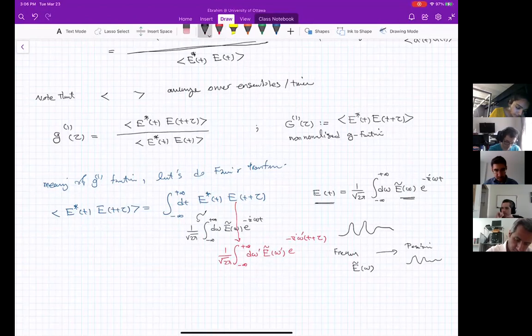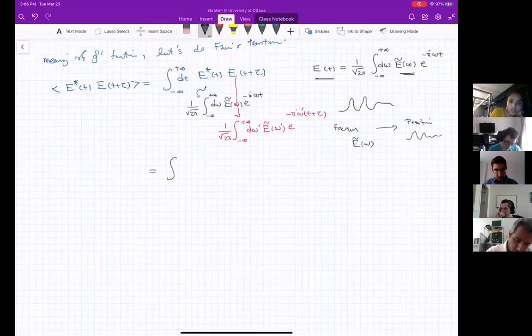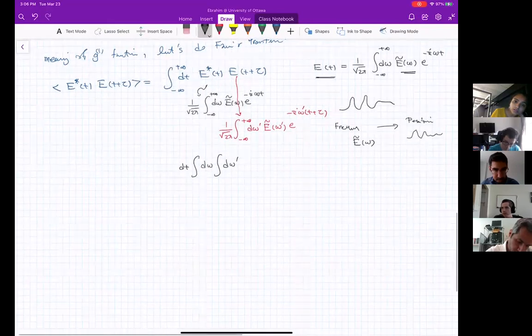Good, let's do the mathematics. I get the integral of dt, integral of d omega, integral of d omega prime, and I do have 1 divided by square root of 2 pi, so 1 divided by 2 pi, of this. Then what else do I have?